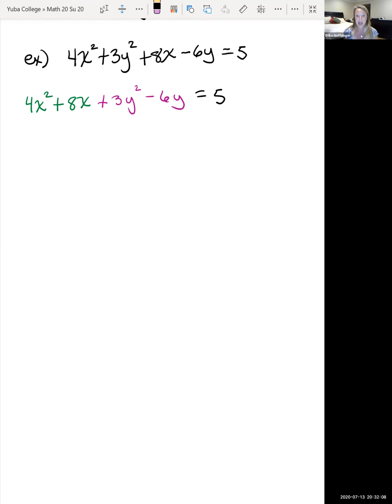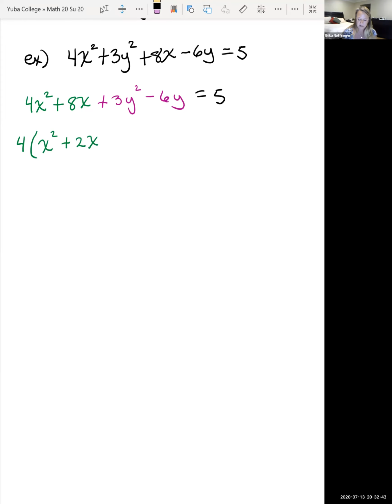So to counteract that, we're going to factor out the leading coefficient in front of each square. For my x terms, I'm going to factor out the 4, and for my y terms, I'm going to factor out the 3. Once we do that, we can complete the square inside those parentheses, because that coefficient has been manipulated to be 1. If we pull out a 4, we're left with x squared plus 2x.